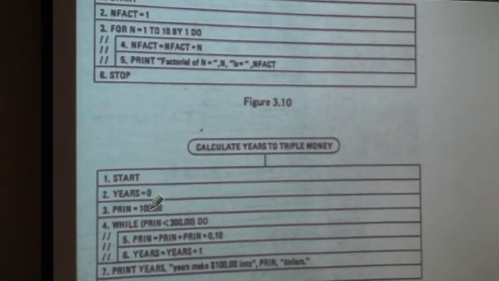Years is set to 0. We have $100, let's say, in an account, and while it's less than $300, we've not tripled our money. So this is the compound interest statement. Principal plus times 10%. This could be a variable, but then you'll have to read it in, make the program more general. And years will become years plus 1.